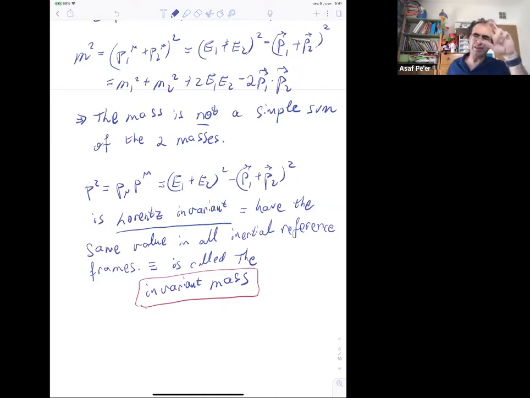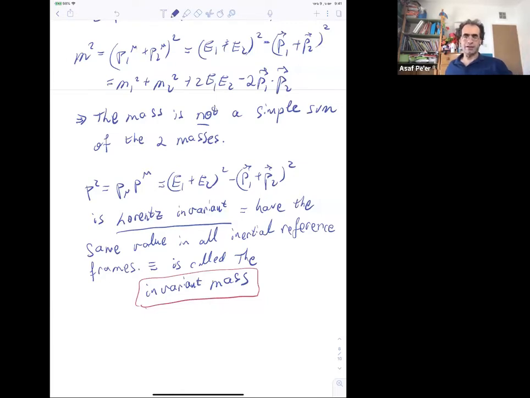Okay, now just to make sure that you're with me, note the difference between invariant quantity and conserved quantity. Invariant means it has the same value in different frames, but it's not conserved. Conserved means that in an interaction, which can be viewed in one frame or in another frame, in a given interaction, it is the same.